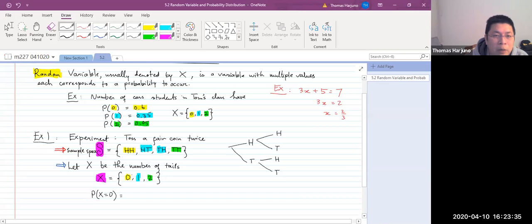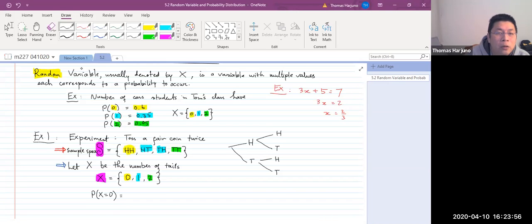Now, what is the probability? If we look back here, what is the probability we have no tail? Then we look at our sample space. What is the probability we have no tail? Now, because it's equally likely, the probability of having no tail is only 1/4.